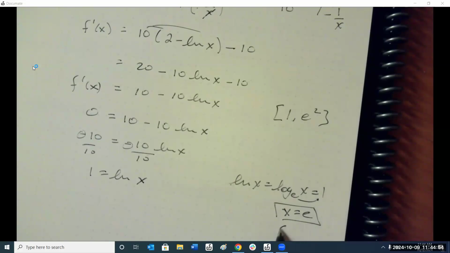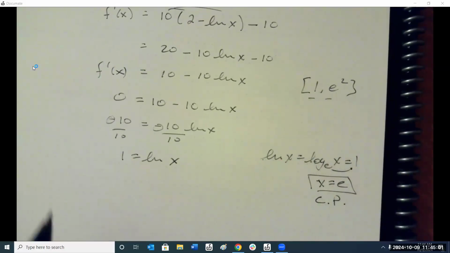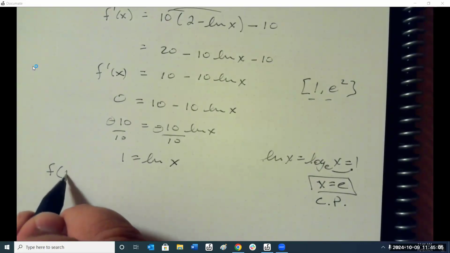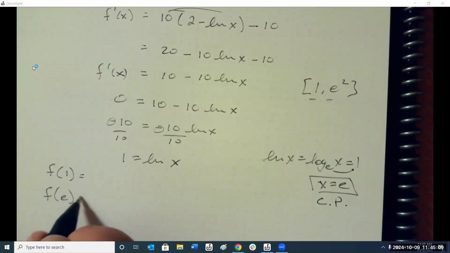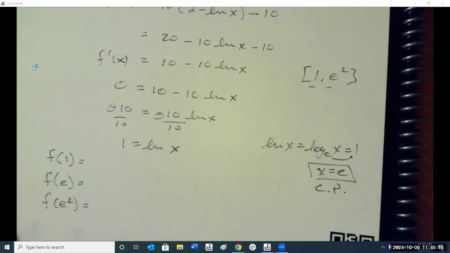That's my critical point. And here's my a and b. So I have to look at f of 1, f of e, and f of e squared. You have to look at the two endpoints and any critical points you have.